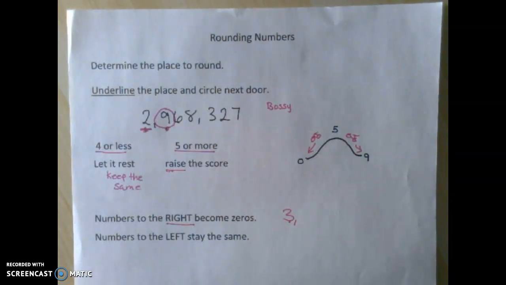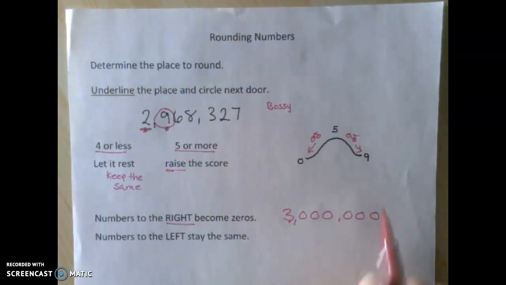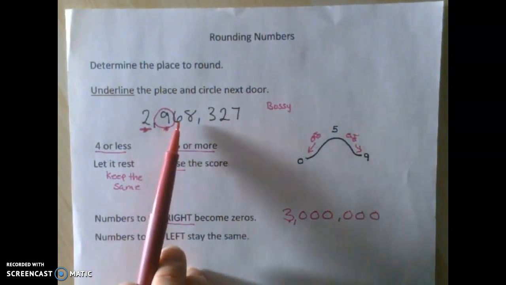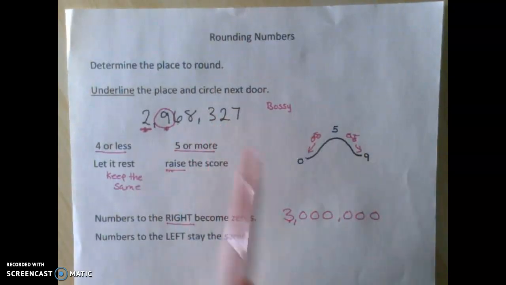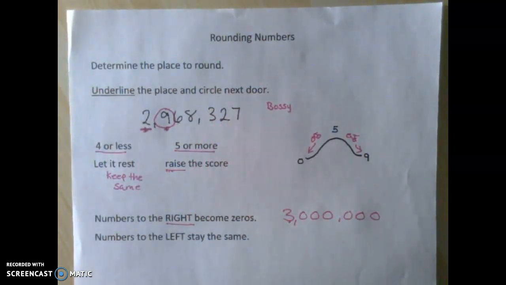Everything to the right of the number that I rounded now becomes zeros. So that 9 becomes a 0, the 6, the 8, the 3, the 2, and the 7. Everything behind this digit that I rounded becomes zeros.